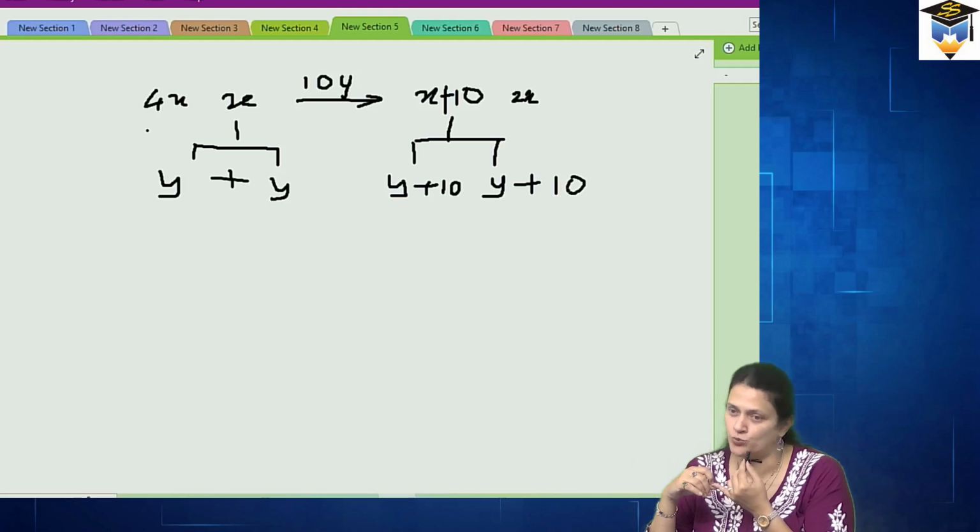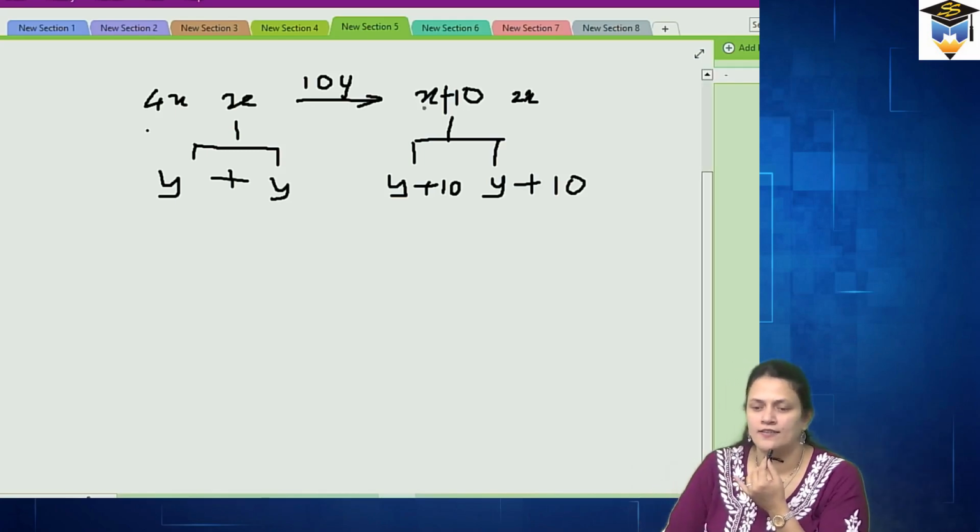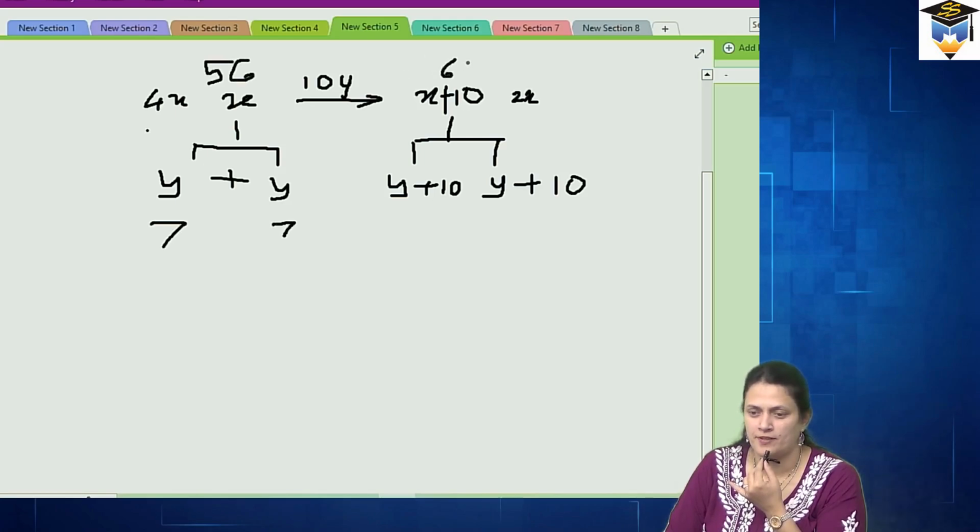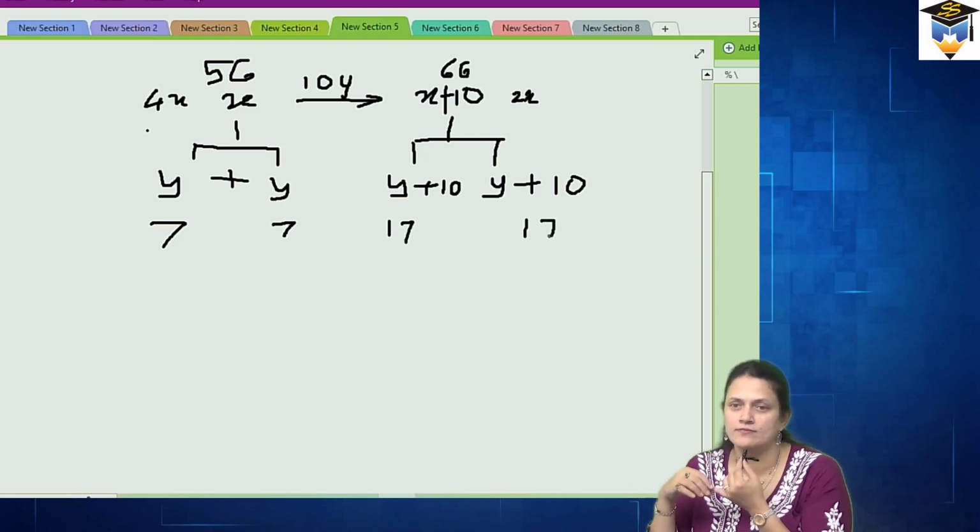So divide by 2, because there are two sons. 7. Here 7 and 7. Okay. Correct. That is 34.